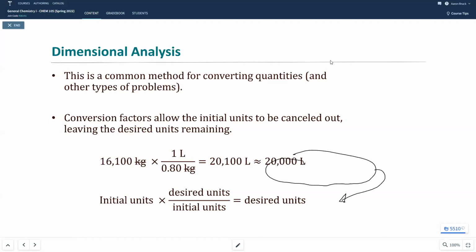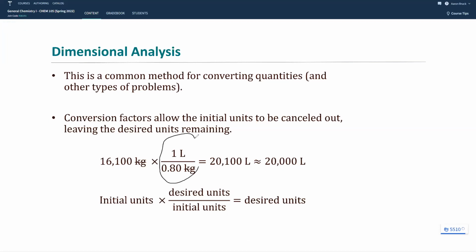The technique that we use for that is something called dimensional analysis. Dimensional analysis is a common method for doing that kind of quantity conversion. What it allows us to do, with our conversion factor in place, is take a unit that we are not interested in, like kilograms, and convert it into a unit that we are interested in, like liters.